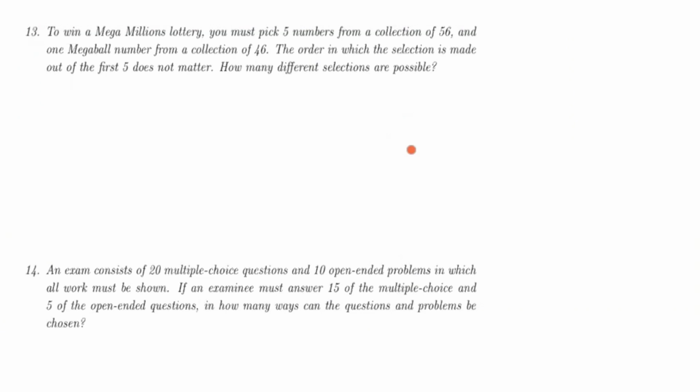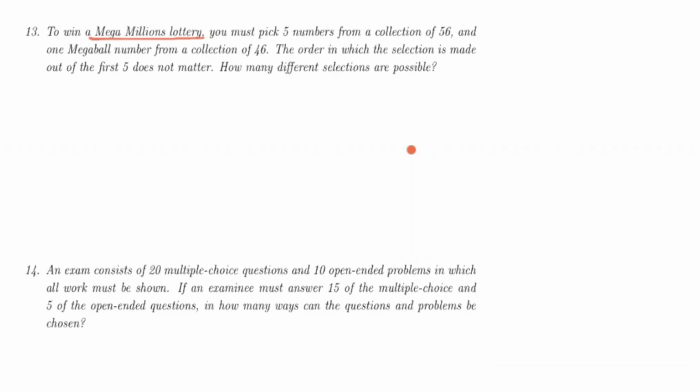Okay, so I think Mega Millions Lottery is still played. I don't know, maybe not. Still played, okay. Powerball is still out there. Mega Millions, let's see. All right, so you're picking 5 numbers from a collection of 56 and a Mega Ball number from a collection of 46.